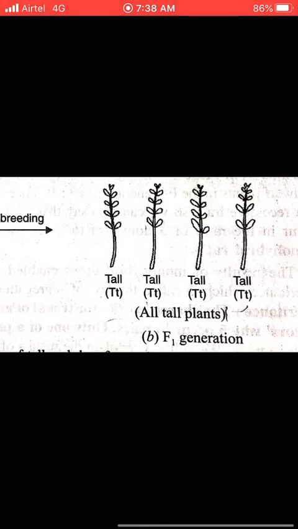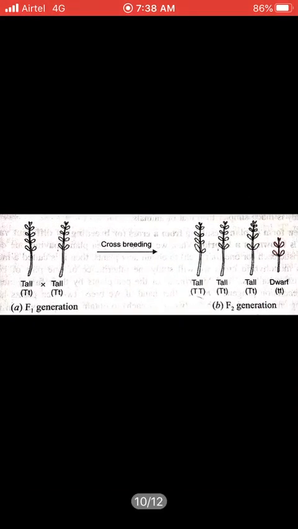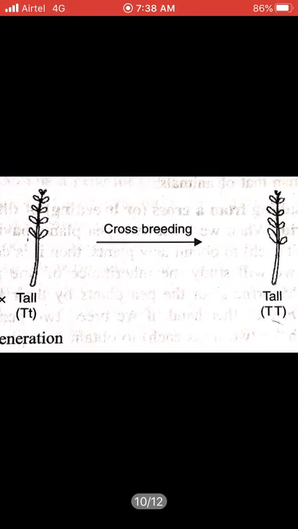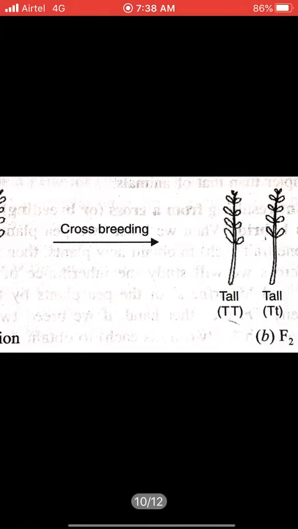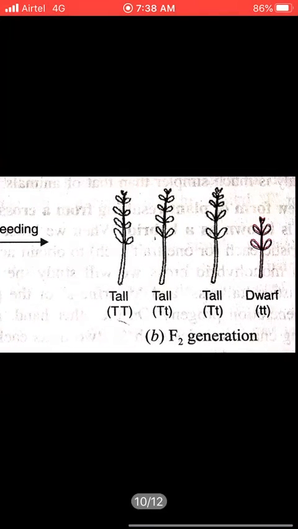Then we will come to the F2 generation. From the F1 generation I have taken capital T and a small t, but the characteristic is tall, and we self-pollinate them. What will happen? We will get a variety of plants in the F2 generation. In this, 3 are tall and 1 is dwarf. 3 are tall as all 3 have the dominant trait, but 1 is dwarf because it does not have any dominant trait.